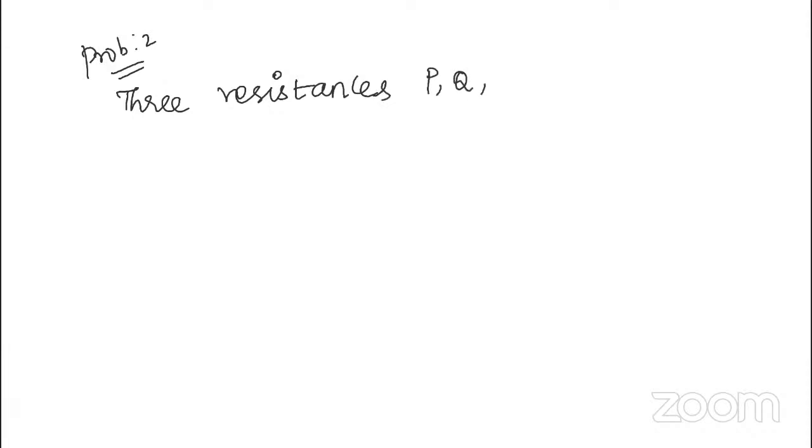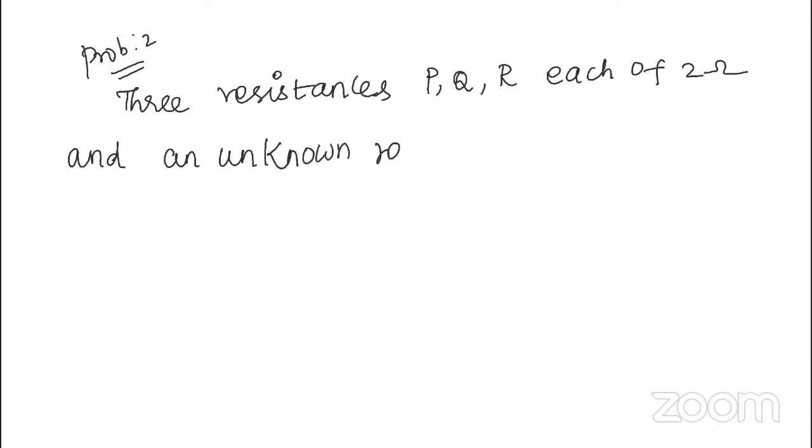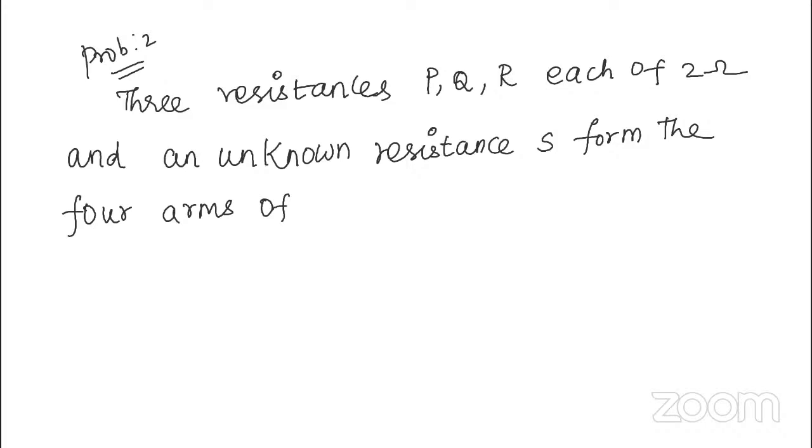Next, problem number 2. Here 3 resistances P, Q, R, each of 2 ohm, and an unknown resistance S form the 4 arms of a Wheatstone bridge circuit.